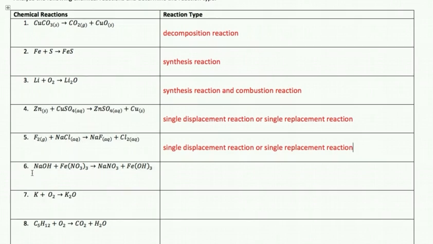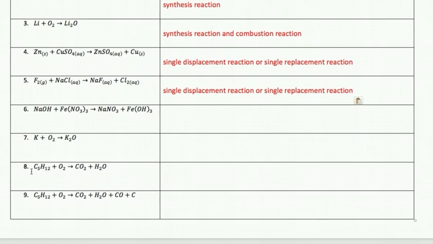All right, number 6. So we have sodium hydroxide and iron 3 nitrate coming in, reacting together. A reaction does proceed, and you find that, oh look, they swap places. So the sodium and iron swap places. Sodium used to be with hydroxide, it is now with the nitrate. Iron is now with the hydroxide.